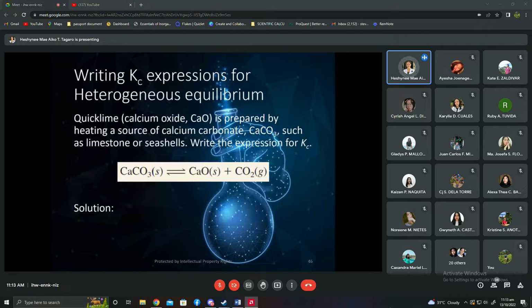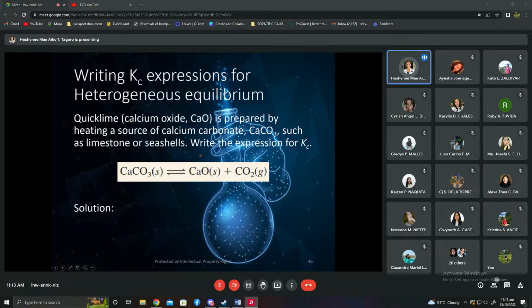So, here we have a reaction, calcium carbonate to yield calcium oxide and carbon dioxide. Oh, ano matabo? Kay duha ka solids ang ara sa equation. What will the Kc expression look like?